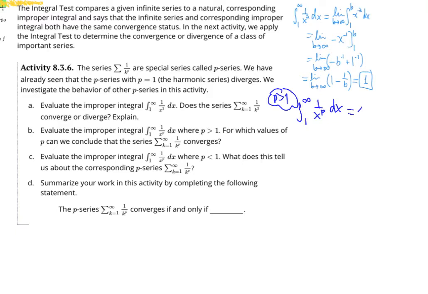When we calculate this improper integral, we're going to keep in mind that what we have is an exponent negative p. So negative p is less than negative 1. It's more negative than negative 1. So when we add 1 to this, that number will still be negative.